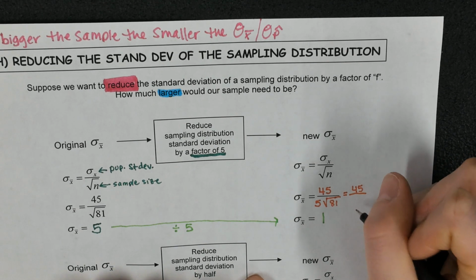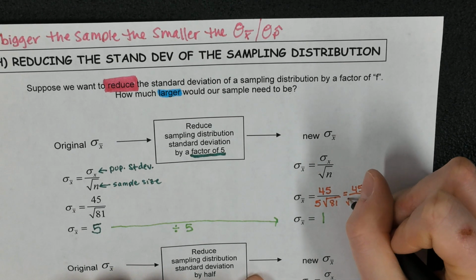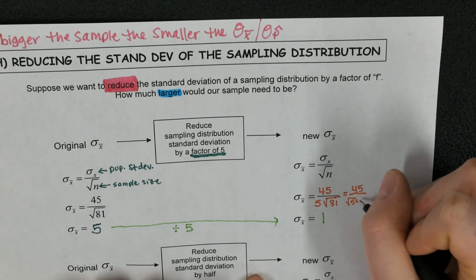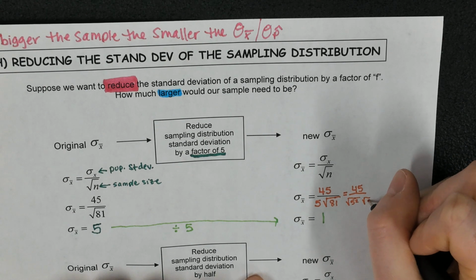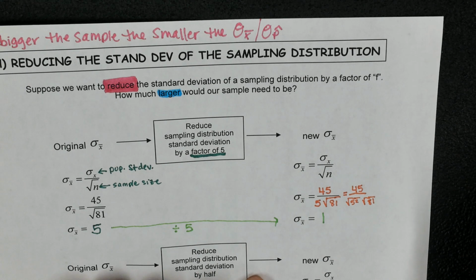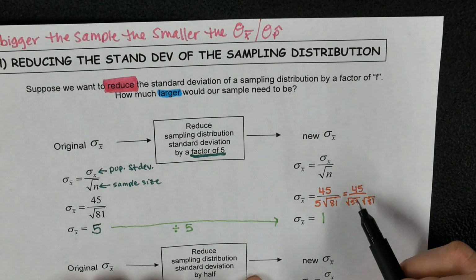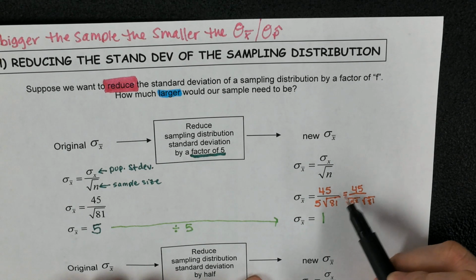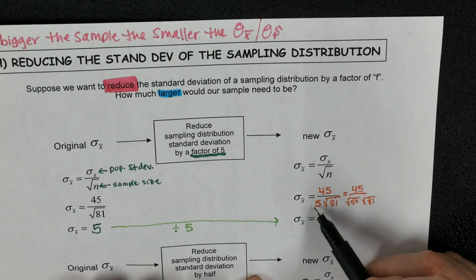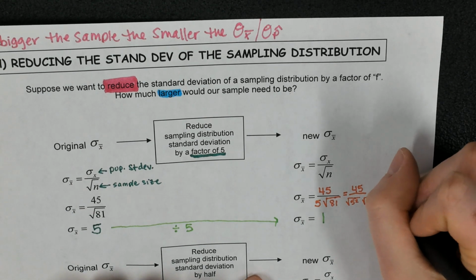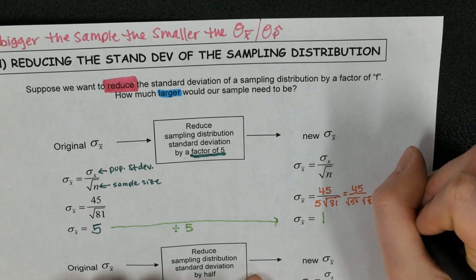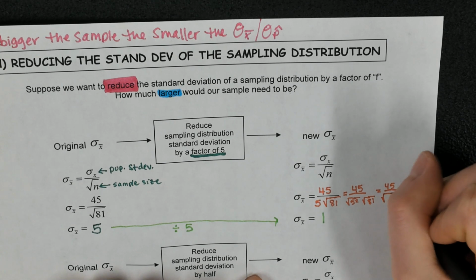Is it true that you could rewrite this, if you really wanted to, like so? Where you have 5 over the square root of 5 squared, that's the same thing as 5. So you could rewrite it that way. And if you really wanted to, you could rewrite it again such that you have this.